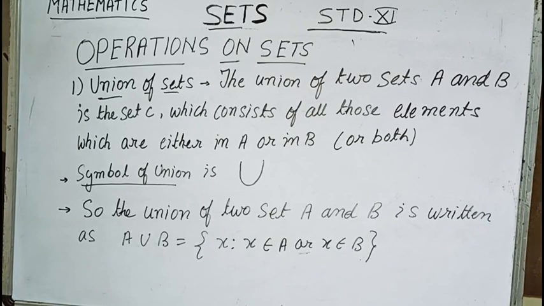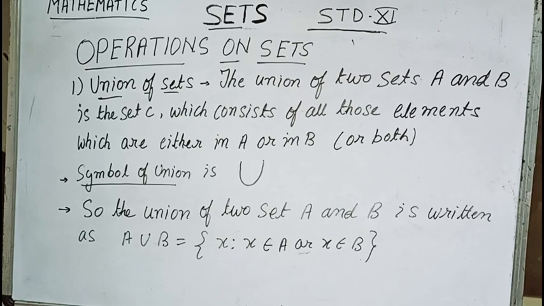Now children, in the junior classes you have done many operations like plus, minus, division, multiplication and so on. You must have noted that while doing those operations you must have got a new number or the same number sometimes. Like suppose you do 3 plus 2, you must have got a new number, that is 5.